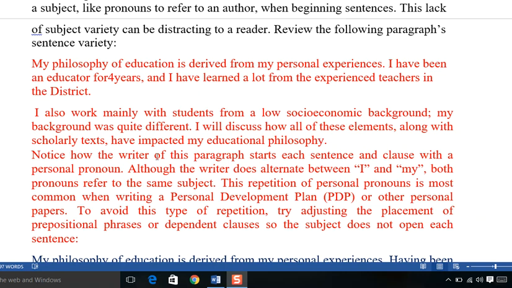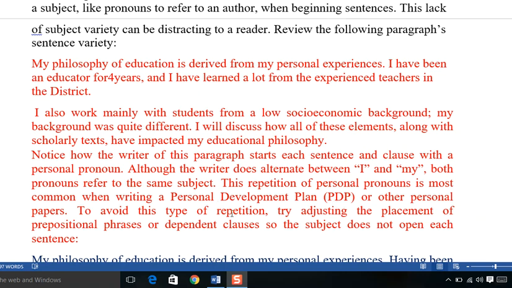Notice how the writer of this paragraph starts each sentence and clause with the personal pronoun. Although the writer does alternate between I and my, both pronouns refer to the same subject. This repetition of the personal pronoun is most common when writing a personal development plan or other personal papers.